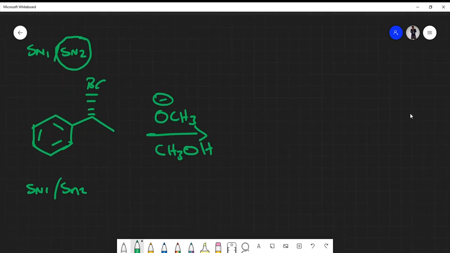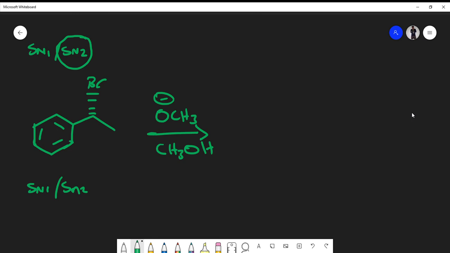Well, I'm looking at a secondary alkyl halide, so I want you to be careful. When the alkyl halide is secondary, things become a little bit of a gray area. It's not as straightforward as a primary or a tertiary, so you have to look at other things. If I look at the nucleophile, out of these two, the OCH3 minus is going to be my nucleophile. It is stronger. Remember, we said that for strong nucleophiles, we're looking at charges.